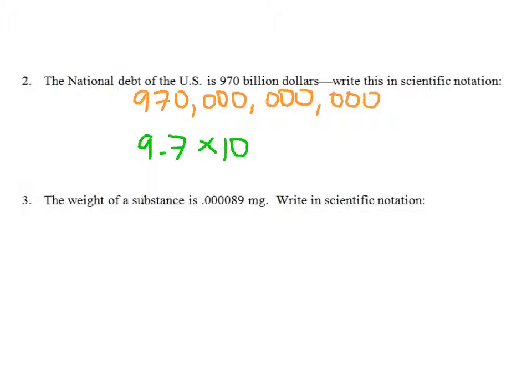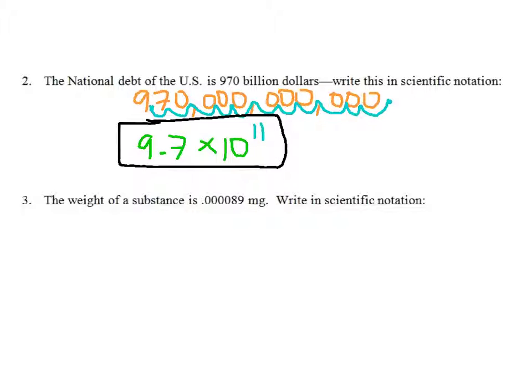So I'll put my decimal point back up here in the decimal notation number and count to the end. 1, 2, 3, 4, 5, 6, 7, 8, 9, 10, 11 times to the end. 9.7 times 10 to the 11th power, and this is now in scientific notation. That would be my final answer.